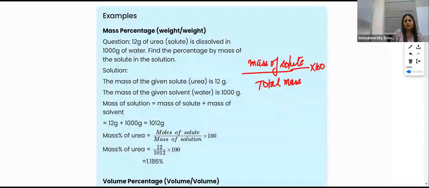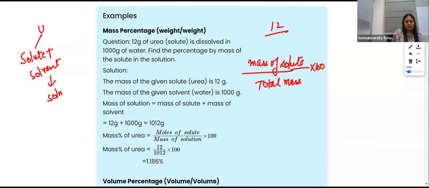What is the mass of solute? That is 12 gram. What is the total mass? Total mass would be solute plus solvent, right? They together are forming a solution. The solute here is urea, that is 12 gram, and the solvent is water, that is 1000 gram.